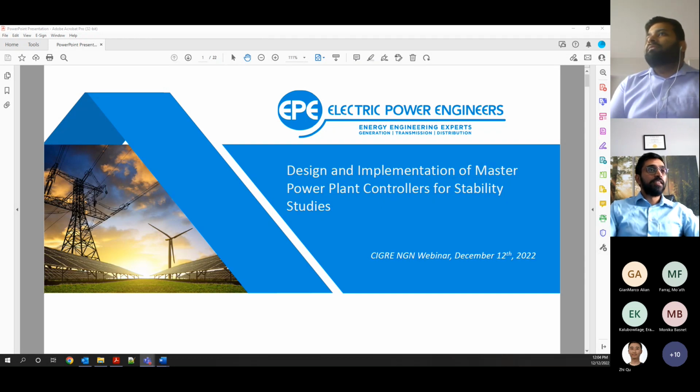Mr. Chakraborty works closely with several developers and OEMs to develop their user-defined models to represent their dynamic response and meet local grid code requirements. He also performs special electromagnetic transient studies for NERC MOD studies, for equipment model parameterization and power plant model validation to test data.